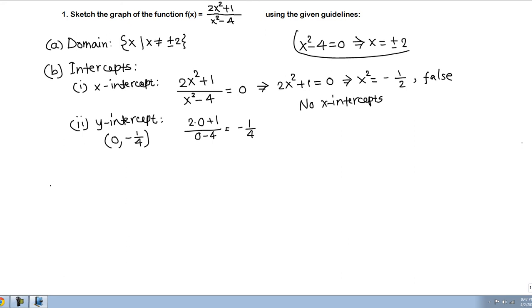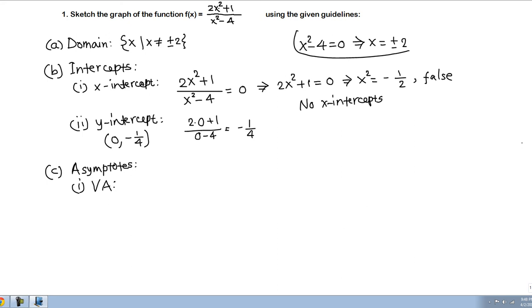The guideline says in part C, find asymptotes. In this case we just want to find vertical asymptotes and horizontal asymptotes. So let's find vertical asymptotes.